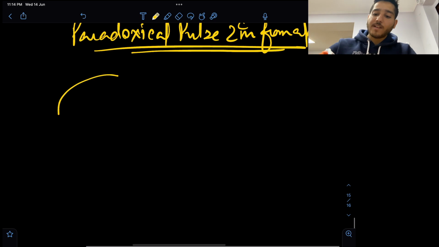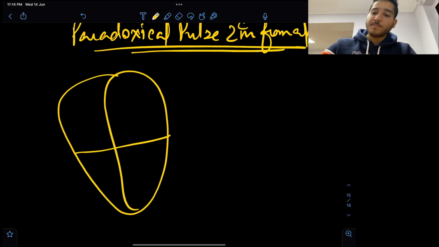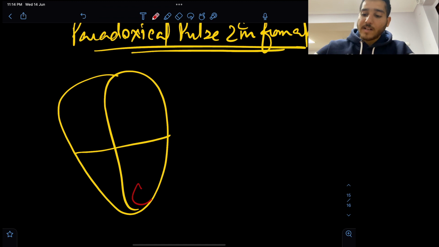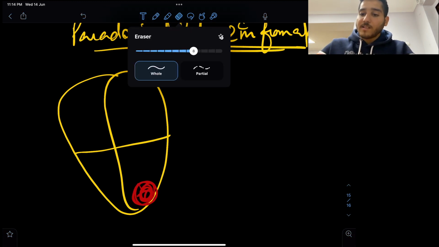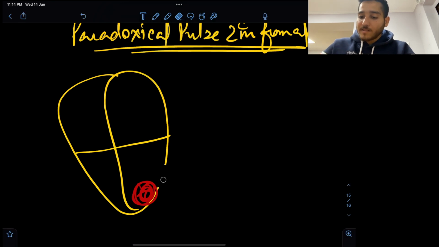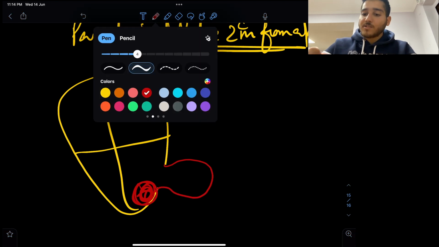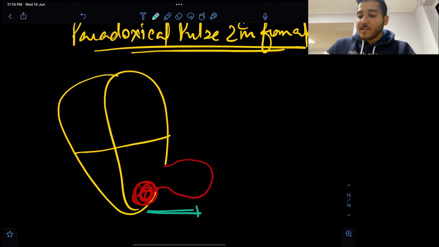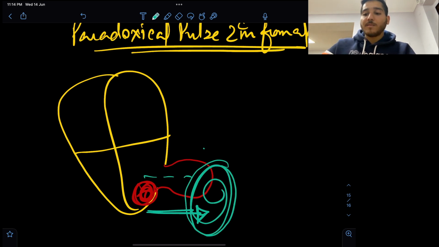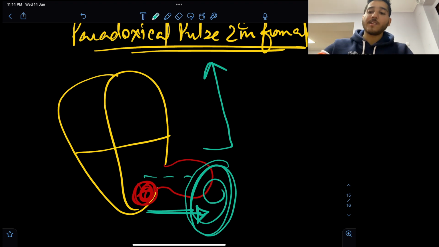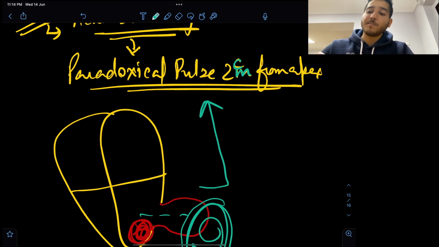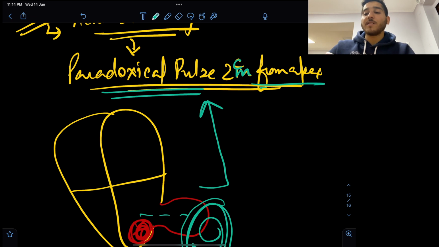Usually we get the main pulse at the apex, right? And now if in the patient this wall is weak and it bulges like this, we'll be getting a pulse here also. This will be known as paradoxical pulse. And in the Krok question, they'll specifically mention that the paradoxical pulse is present 2 centimeter from the apex or 2 centimeter from the mitral area.